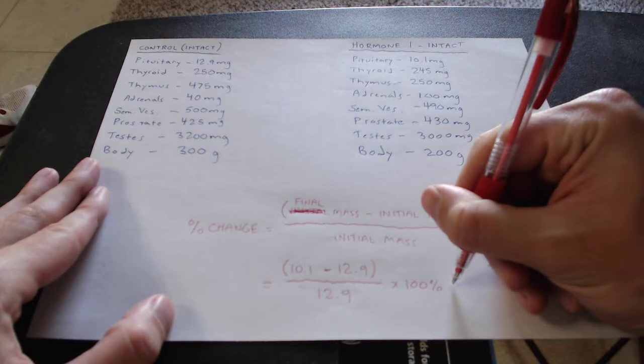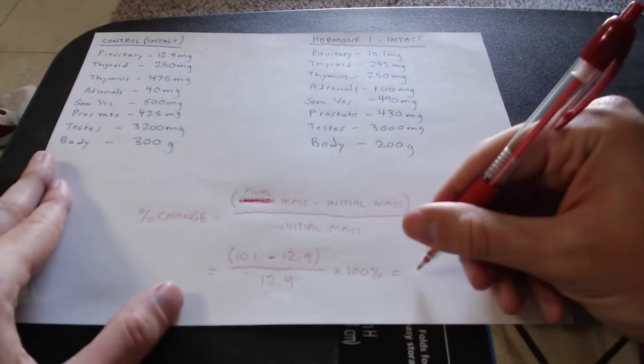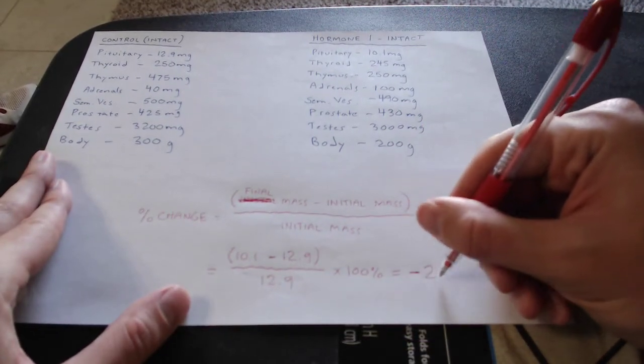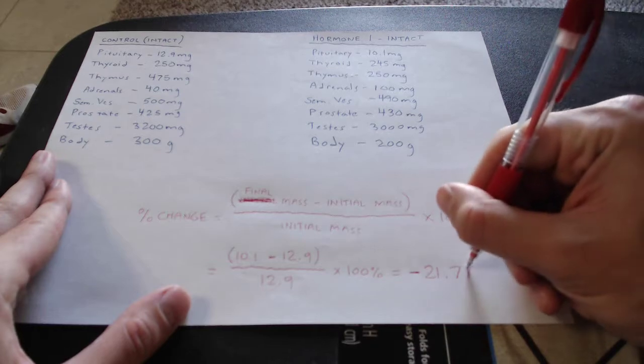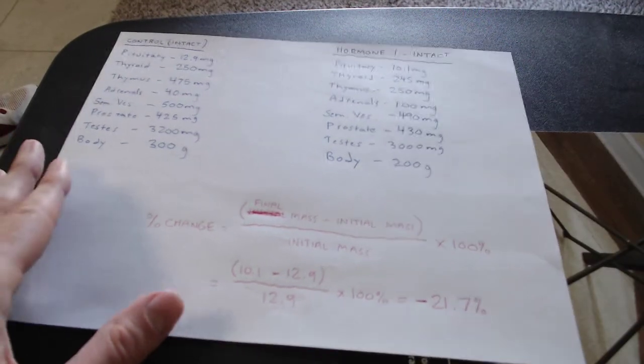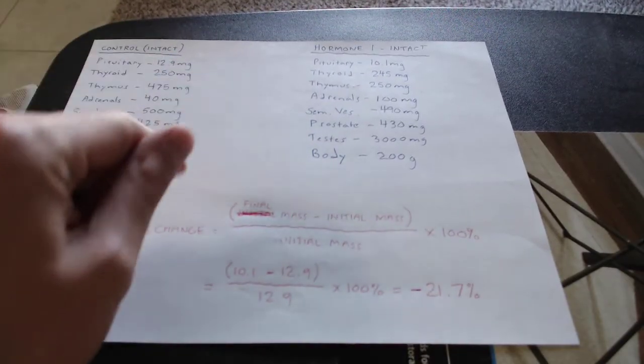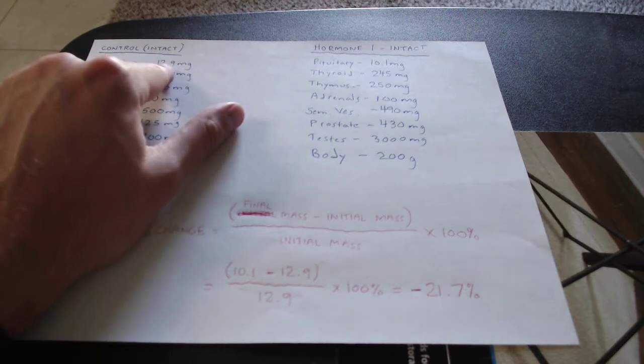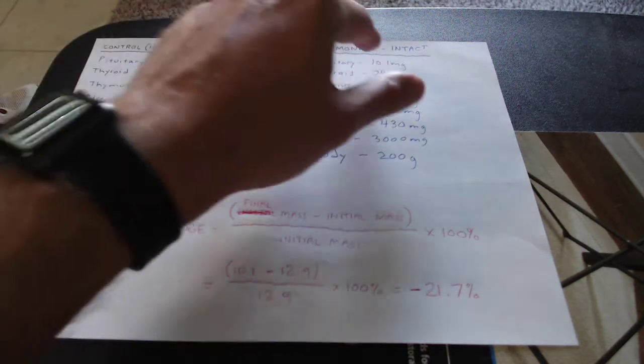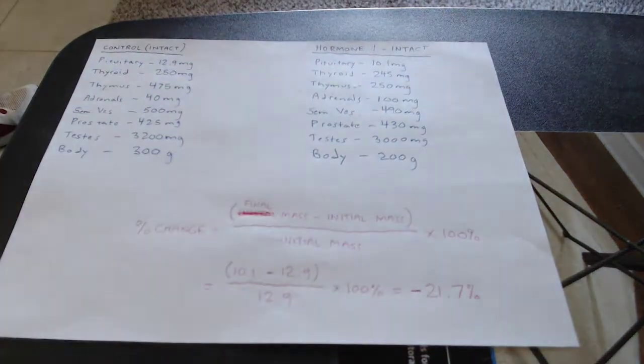If you punch that into your calculator, you should get negative 21.7%. The negative sign means this is a reduction, because the mass went down from initial to final. If you got a positive number, that just means the thing has gained mass since the hormone was injected. So try not to get too hung up on the negative or the positive part of that.